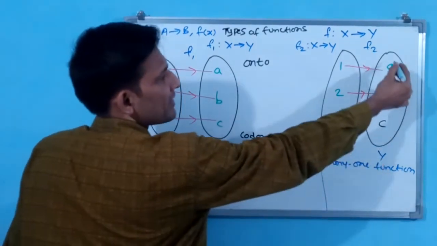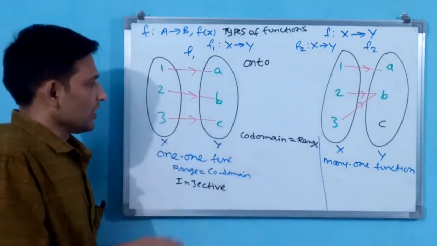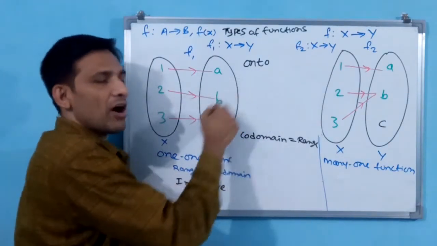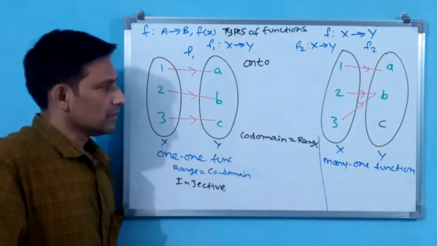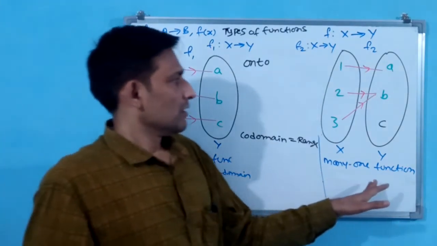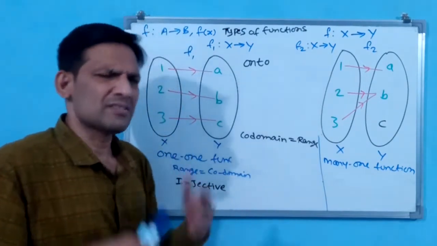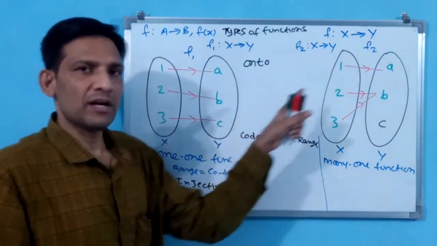But here codomain is ABC, range is only AB. Okay. If codomain and range both are the same, that function is going to be called an onto function. Onto. Okay. If codomain and range are different, that is going to be called not onto. That's all. Onto, not onto. Onto function, not onto function.